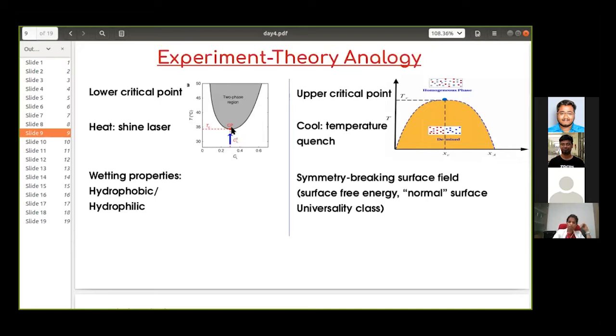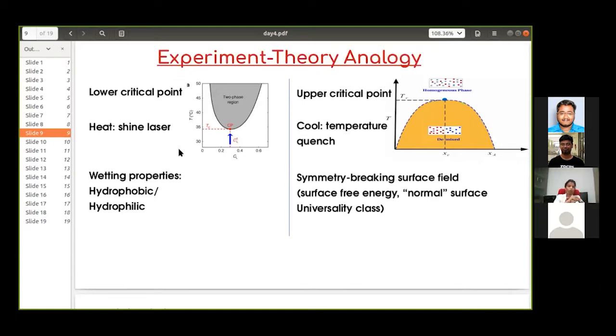Things are much easier to be controlled in a precise way. So that's the reason in the experiment you have a lower critical point, whereas in the theoretical modeling, we're going to consider an upper critical point. Okay. To explain it in other words, in the experiment, when you shine the laser you heat up the fluid; in the theoretical modeling, we are actually going to cool the fluid. We are going to do a temperature quench.